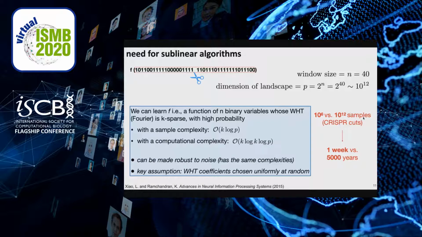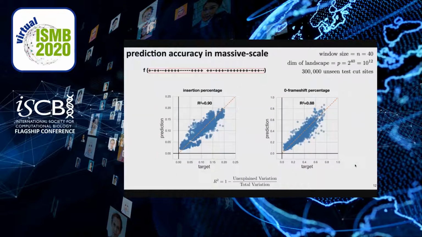So it's a significant reduction in the number of samples you need in order to reconstruct the whole landscape. We used a modified version of our sublinear algorithm to learn the landscape with a window size of length 40, using only a few million samples rather than 10 to the power 12 samples from the Indelphi software. These samples are designed based on particular patterns coming from coding theory.